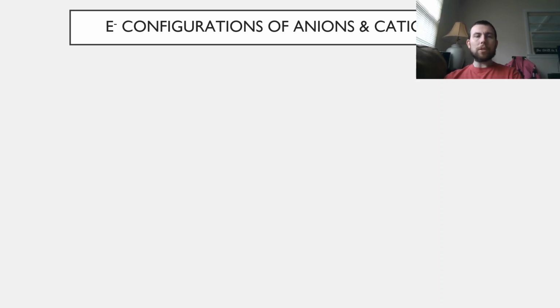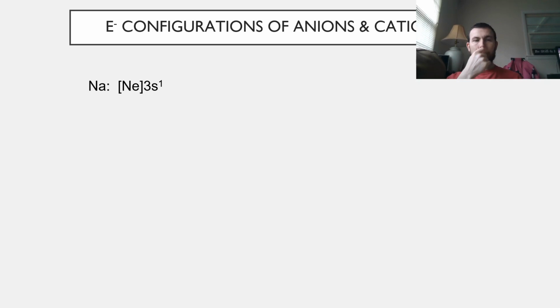So I want us to start by putting ourselves back into electron configurations. And we're going to look at it from the perspective of cations first, and then we're going to look at anions. And so if you recall, when we were doing electron configuration for something like sodium, we came up with the noble gas configuration [Ne] 3s1.